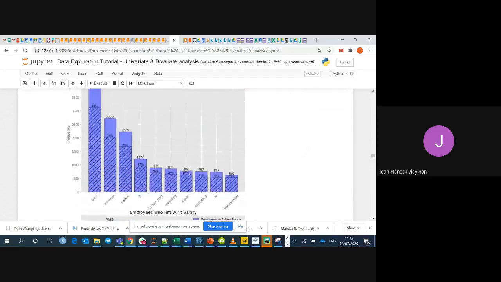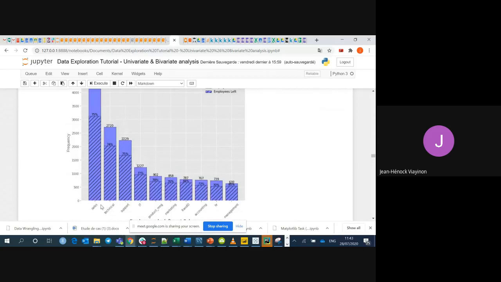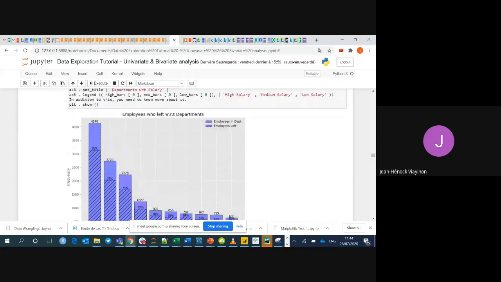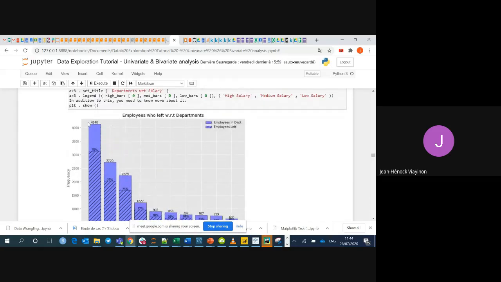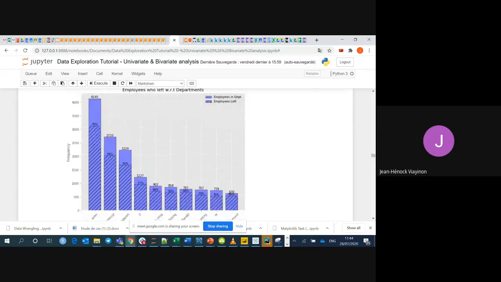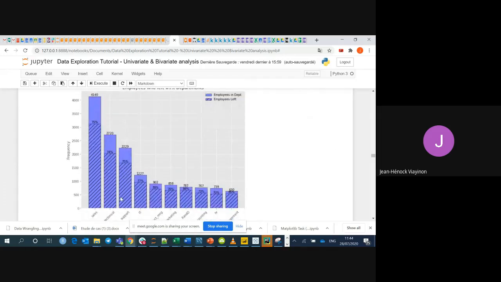Those working in the sales department represent 75% of the employees who left, and you have the distribution like that. But it's normal because when we look at the distribution of employees per department, the sales department has a lot of employees, and there we also have a lot of left employees.